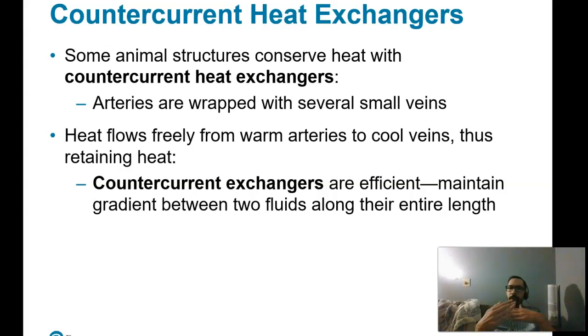Okay, so they're next to each other, but the blood flow is going in opposite directions. So the heat flows freely from the warm arteries to the cold veins, and thus they retain more heat. So the countercurrent exchangers are efficient and they maintain a gradient between the two fluids along their entire length.